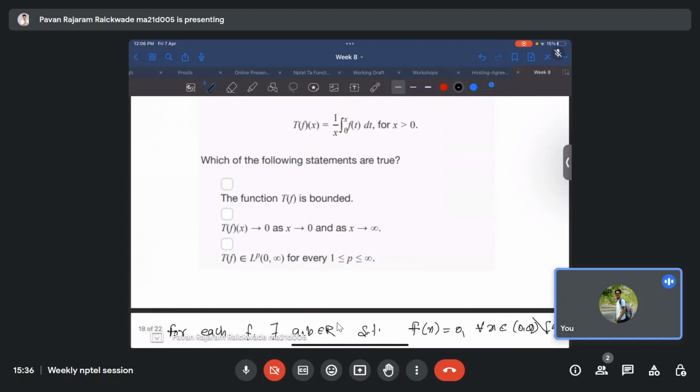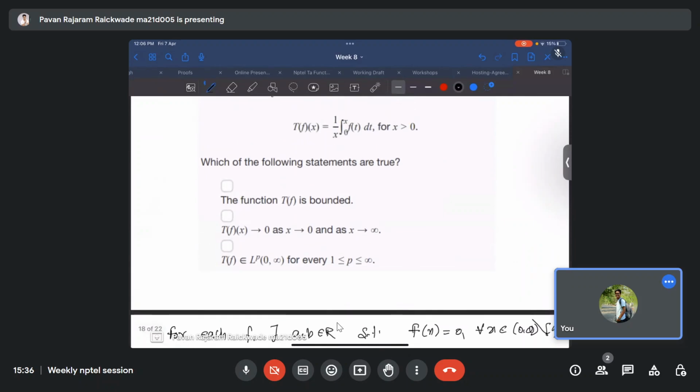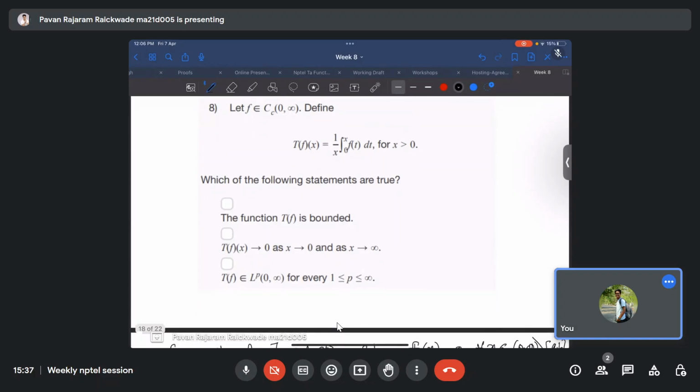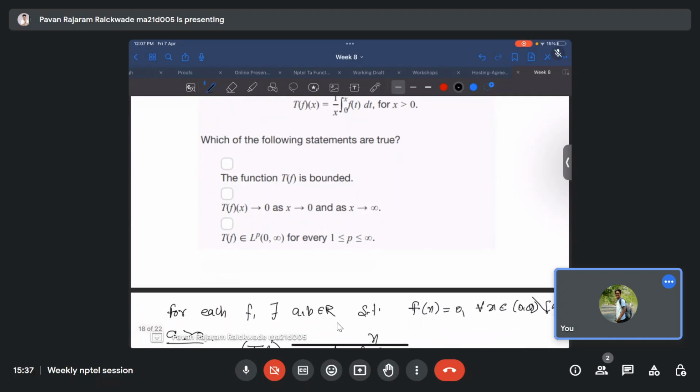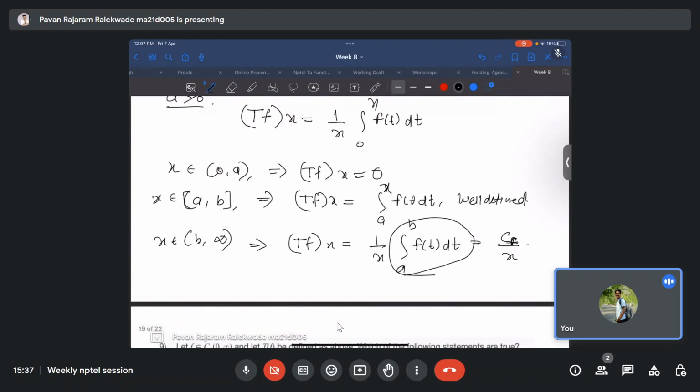Now the first statement: the function Tf is bounded, where both norms are the infinity norm. That's understood. So what we are getting is, if you divide (0, infinity) as (0, a), then (a, b), then (b, infinity). On the first part the function is 0; on the middle part the function is bounded because it's continuous, defined on a compact set.